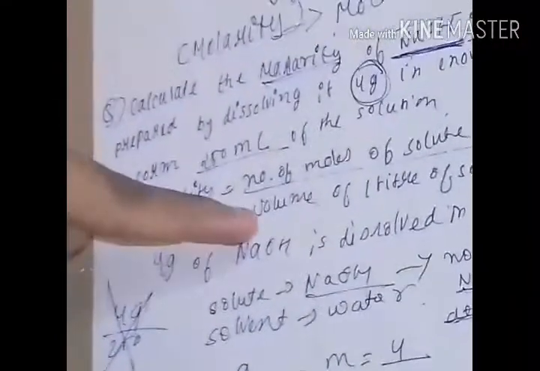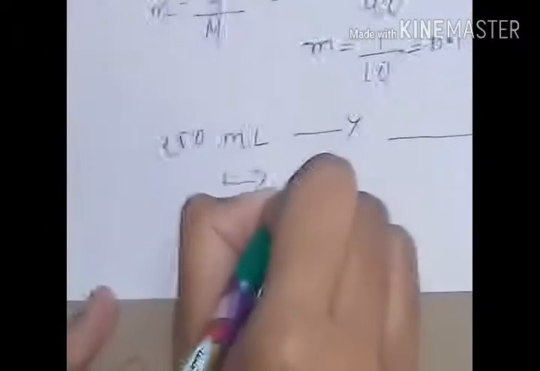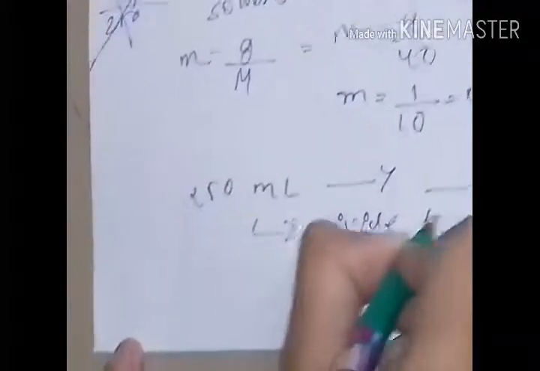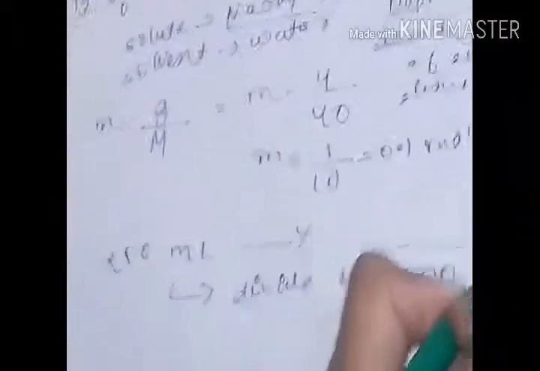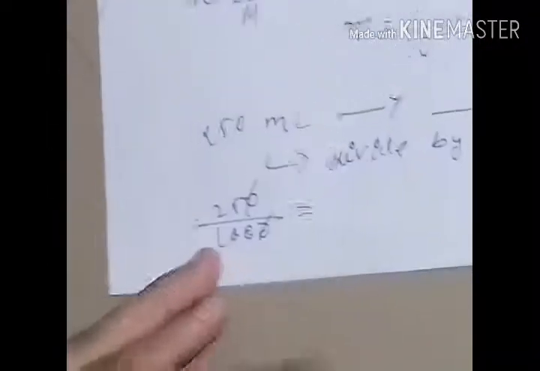So we got the moles, and now what do we want? Liters. When we convert 250 ml into liters, we divide it by 1000 ml. So when we divide 250 by 1000, we get 1 by 4.